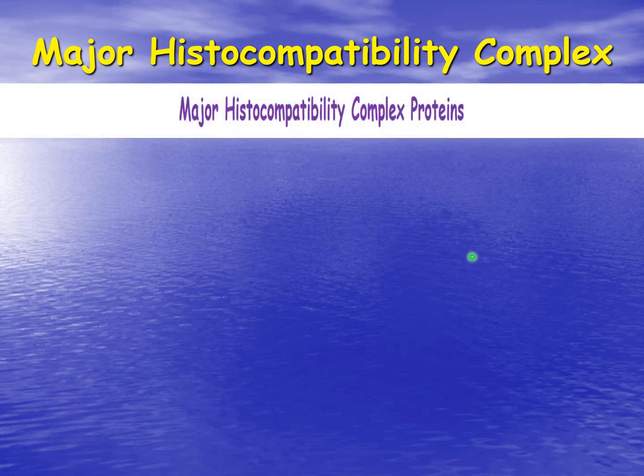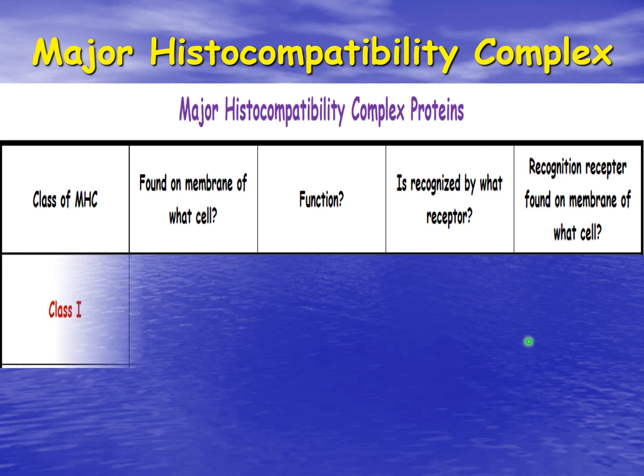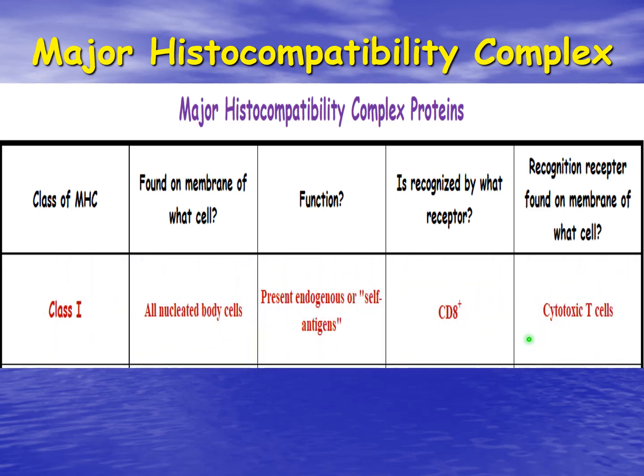So for the major histocompatibility complex proteins, there are basically two major classes that we're going to discuss anyway. What I want you to know is what membrane of what cell they are found on, what their primary function is, which receptor recognizes them, and what cell that recognition receptor is found on. So, the class 1 major histocompatibility antigen complex proteins are found on all nucleated body cells.